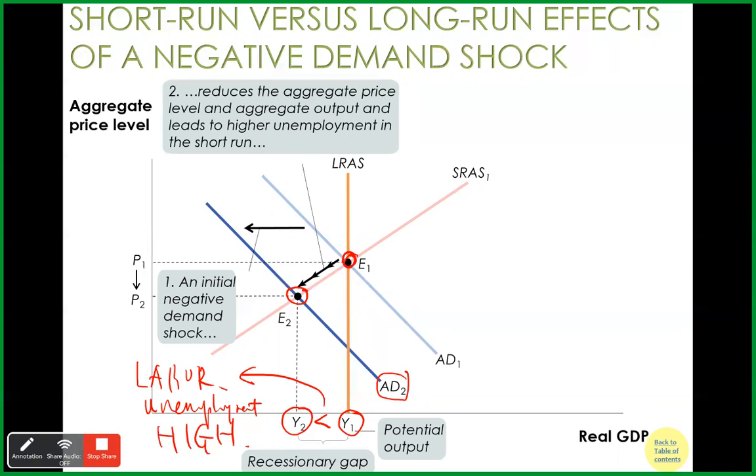If the wage falls, why does the wage fall? Because there's unemployment. And why is there unemployment? Because we have a negative demand shock. So this is a logical chain. Now the last part: if the wage eventually falls, how is the economy going to respond?